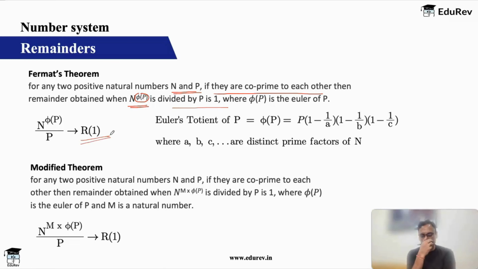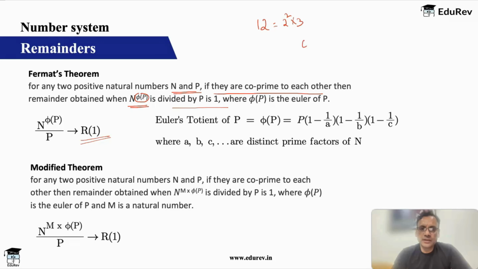What is Euler's totient? If you remember our factors class, we had discussed numbers which are co-prime to n and less than n. That value is called the Euler's totient. For example, if I have the number 12 and I ask you how many numbers lower than 12 are co-prime to 12, how did we find that? 12 was equal to 2 square into 3.